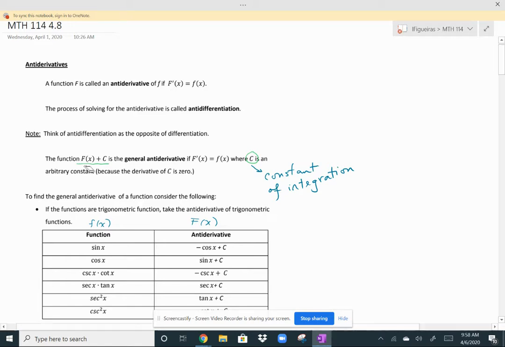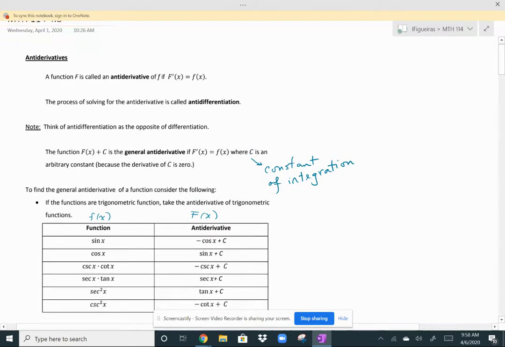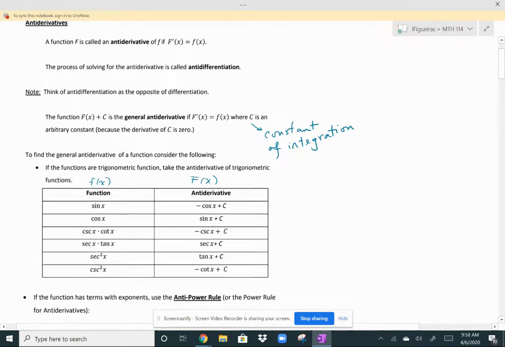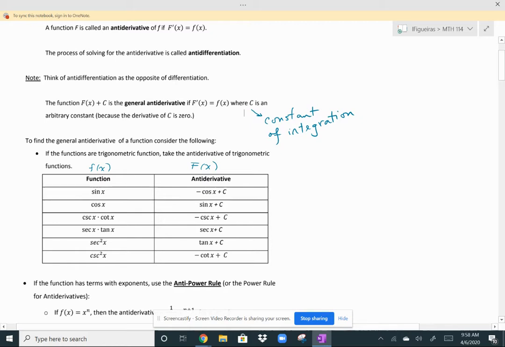To remind you of your derivatives for the trig functions, so that we can identify the antiderivative, we have this table here. If your function little f of x is sine of x, the antiderivative capital F of x is negative cosine of x plus c.